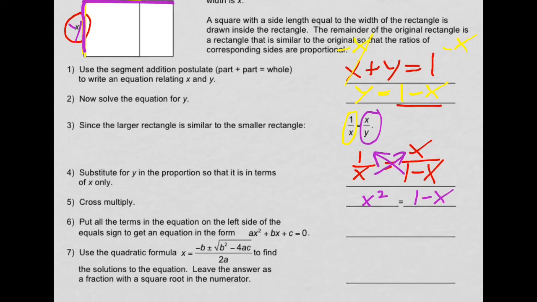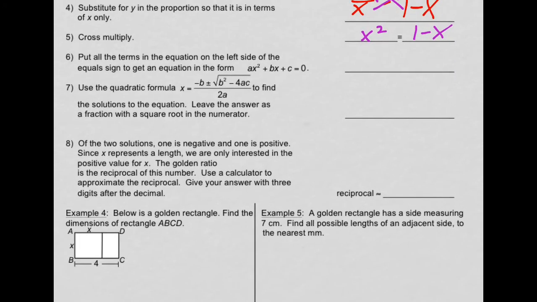Alright, let's move it up. Put all the terms in the equation on the left side of the equals sign to get an equation in the form of ax squared plus bx plus c. So we just need to subtract 1 and add x to both sides. Subtract 1 and add x.